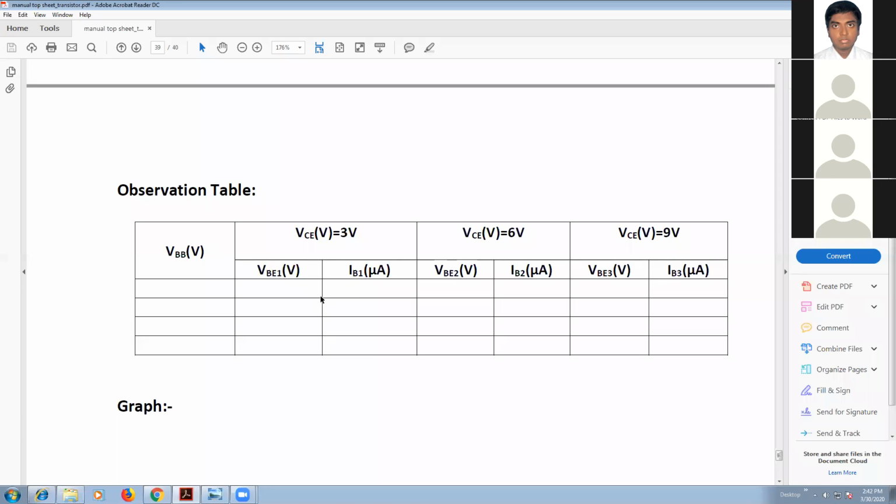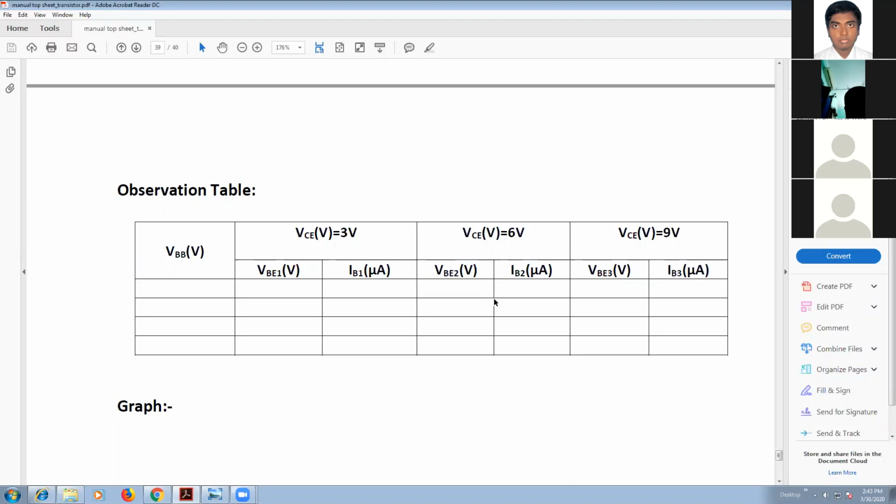After that we have to change the voltage of VCE to 6 volt. Then similarly we have to vary VBB in a similar way and take the corresponding readings of VBE and IB.